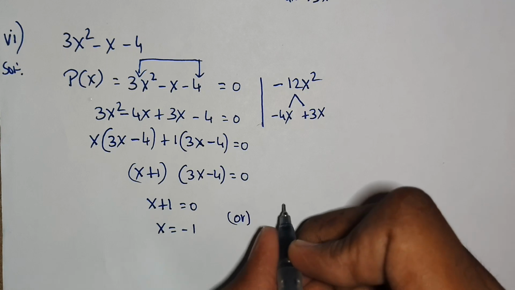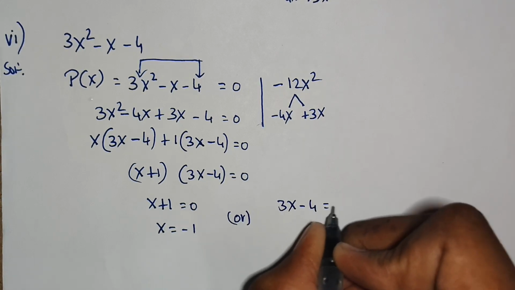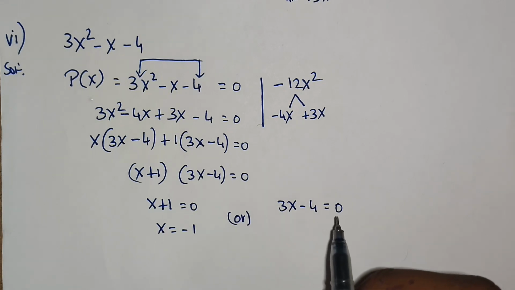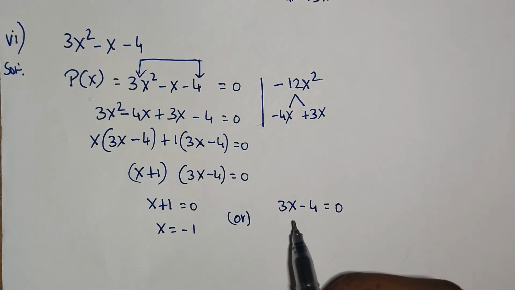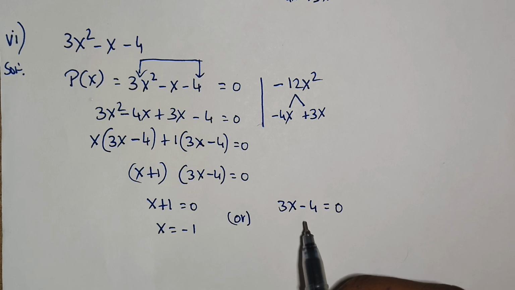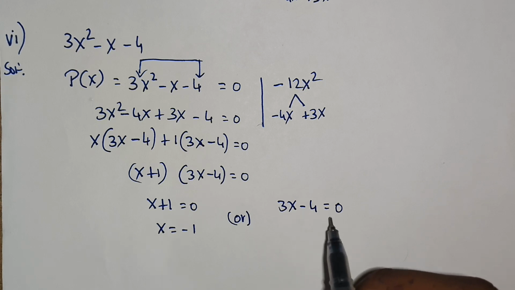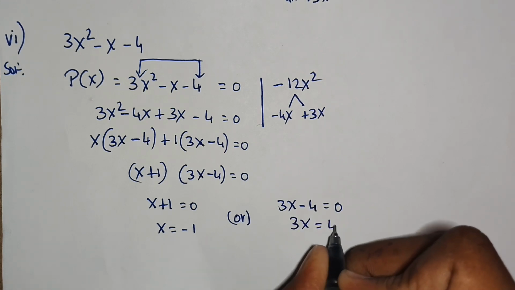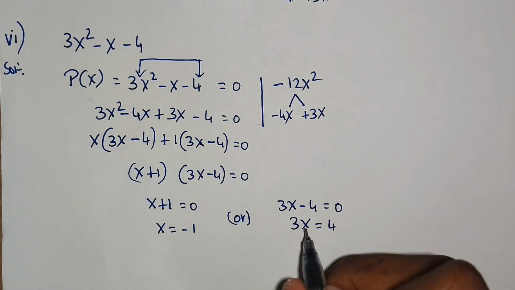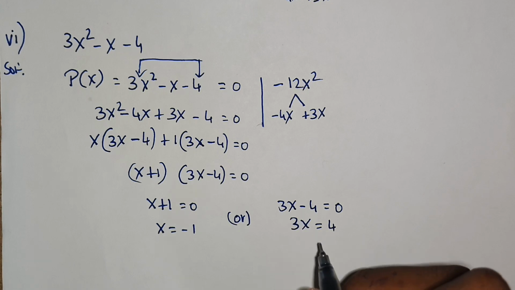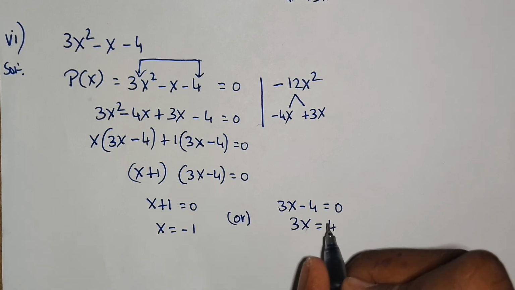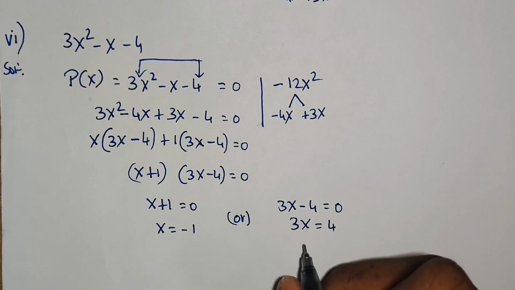Or another one, 3x minus 4 equals to 0. If minus 4 transfers to the right side, it will become 3x equals to 4. 3 is multiplying by x, so if we transfer 3 to that side, it will divide.